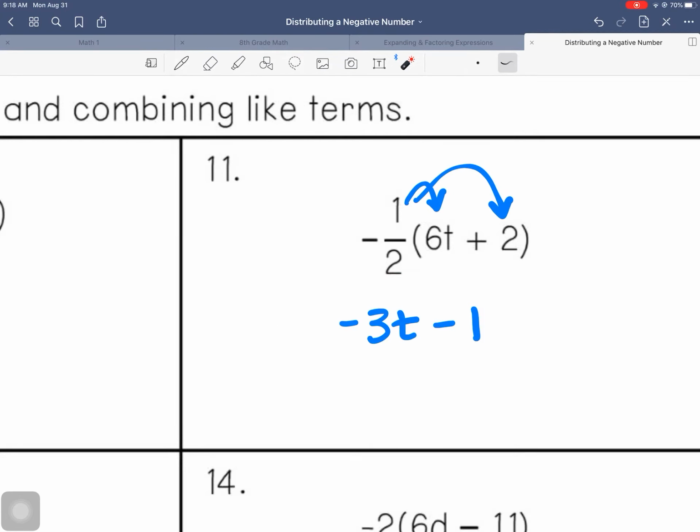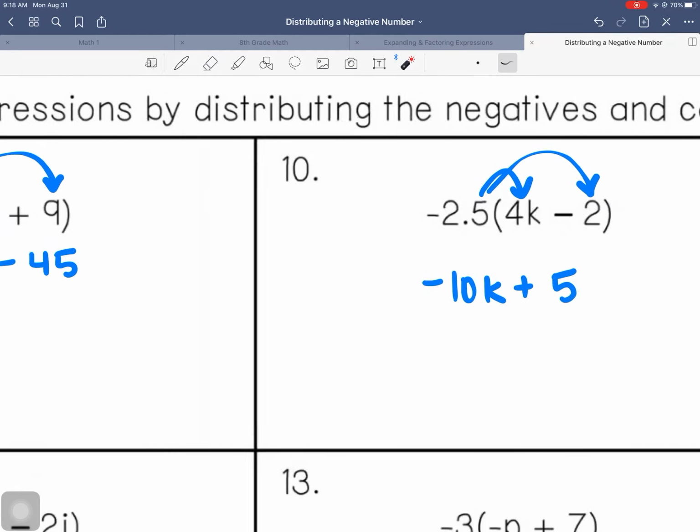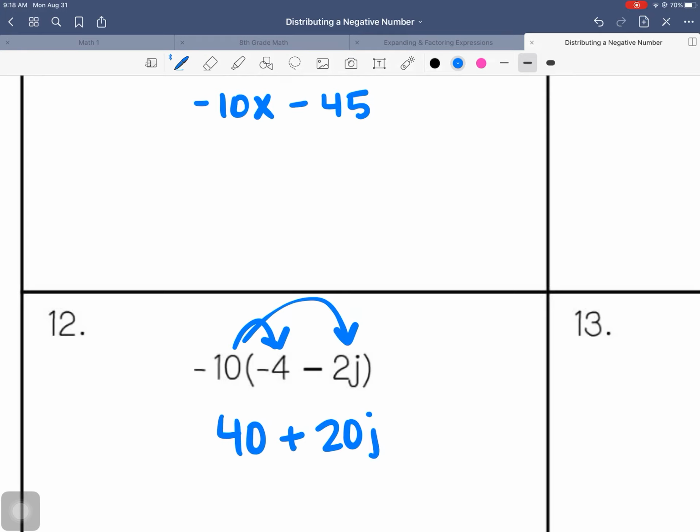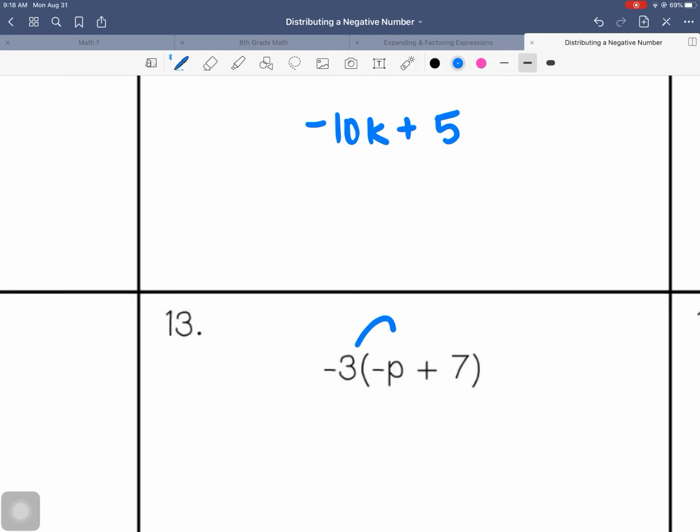Again, not like terms, so that is simplified. So far, I have not seen any that we've needed to combine like terms on. So it's just more practice distributing a negative.